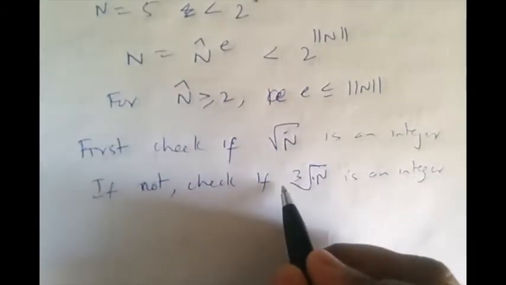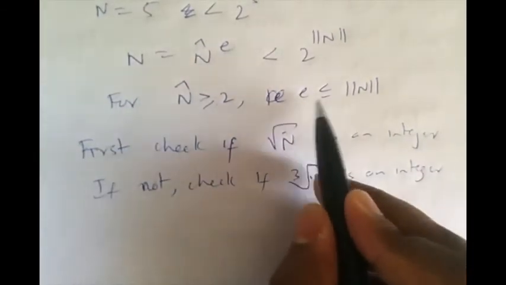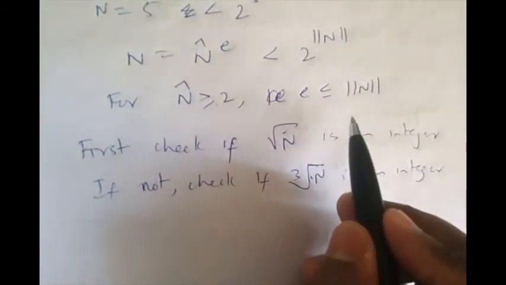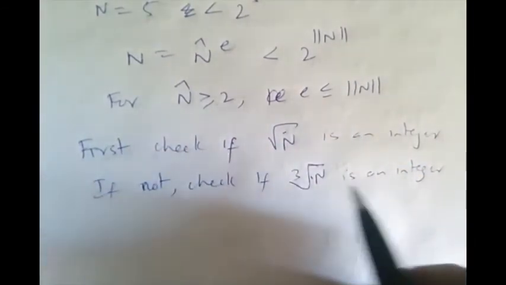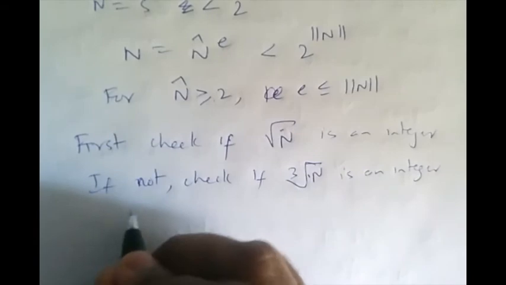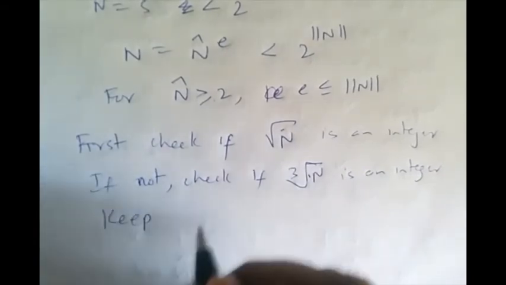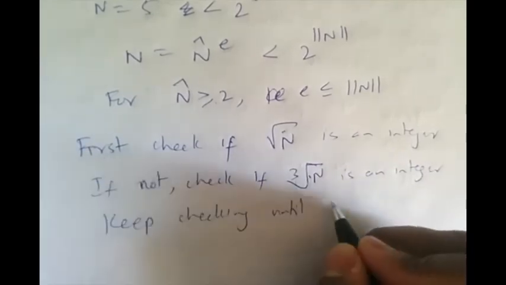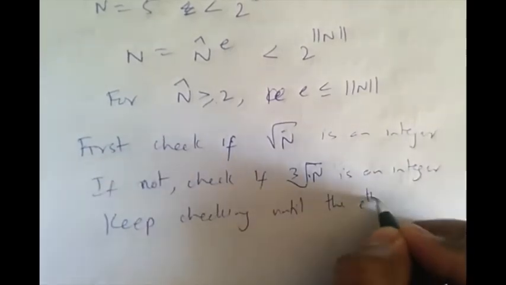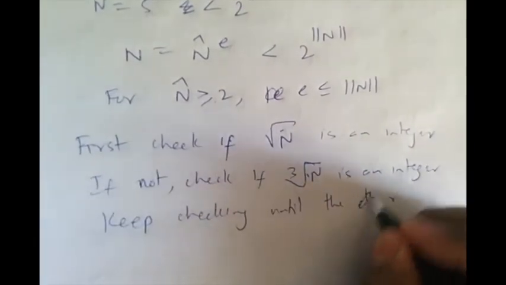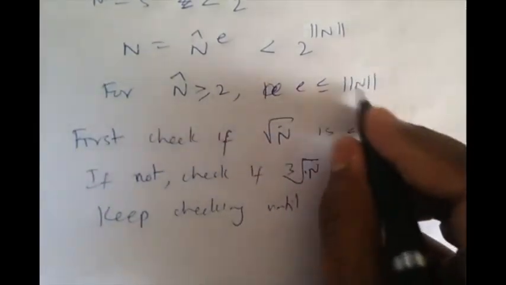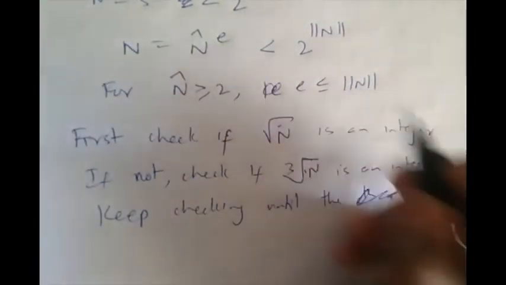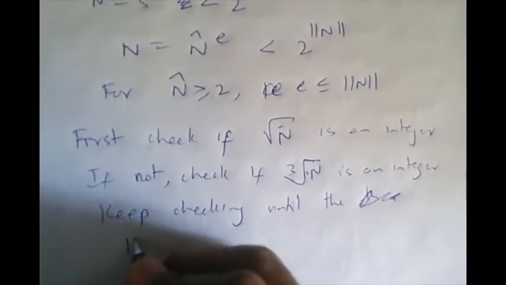So keep checking that. And how many should we check? Well, the exponent can be at most the number of bits in n. So you need to check up to the root of n, the number-of-bits-th root.